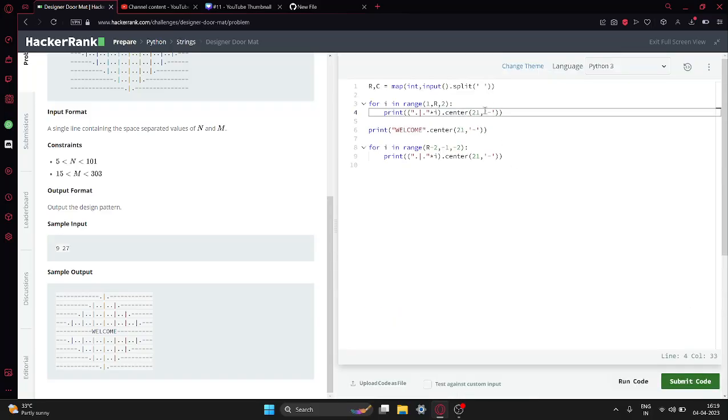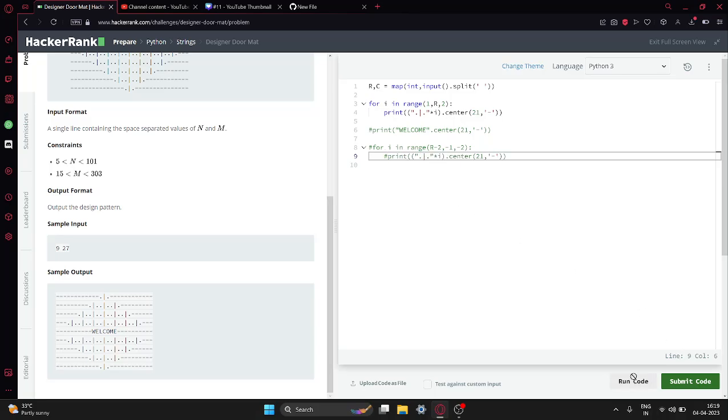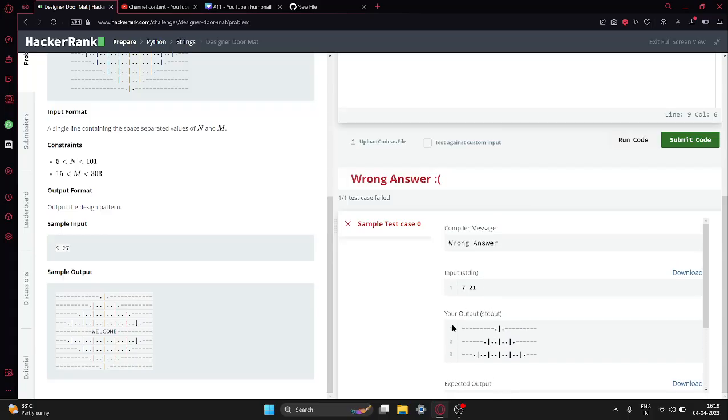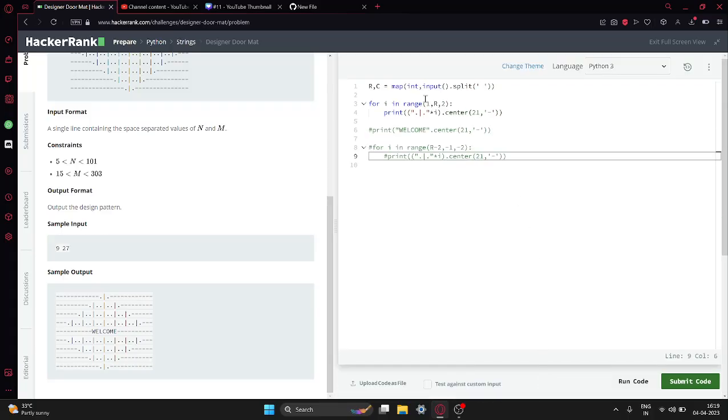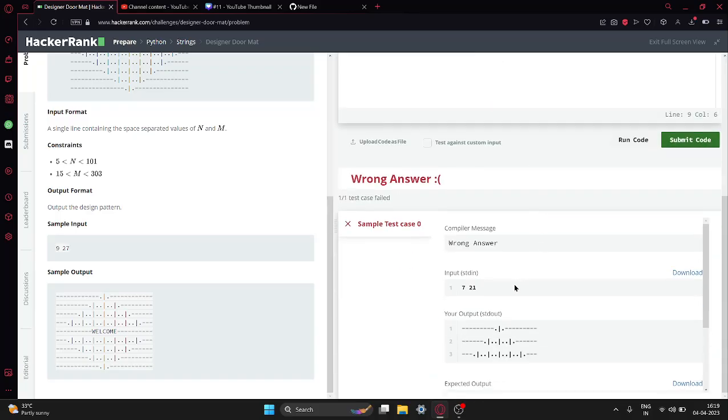In the question they have asked for dashes, so I'll keep it as comments to help you understand a little bit. In the first half it is just printing three numbers of symbols, because of the multiplication by i, the number of these symbols keeps increasing.